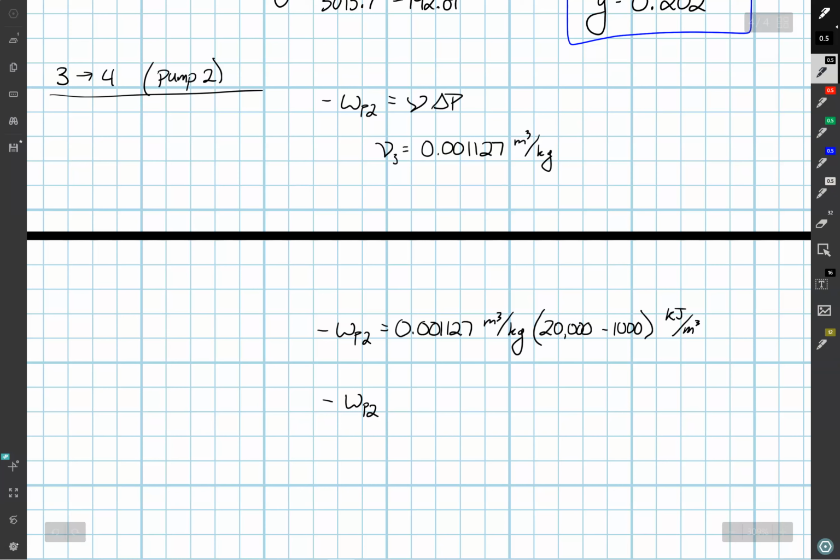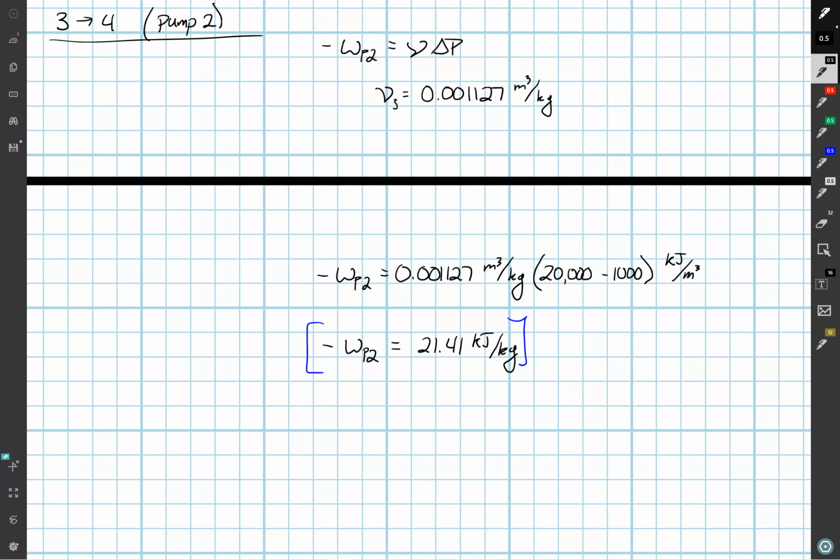If we go through and do that math, and it's fairly straightforward, this gives us a pump work of 21.41 kilojoules per kilogram. Okay, that's a work value, so we'll box that. This tells us the work.